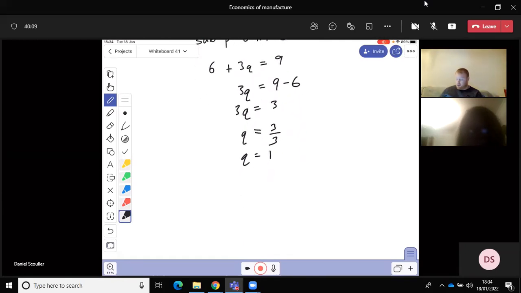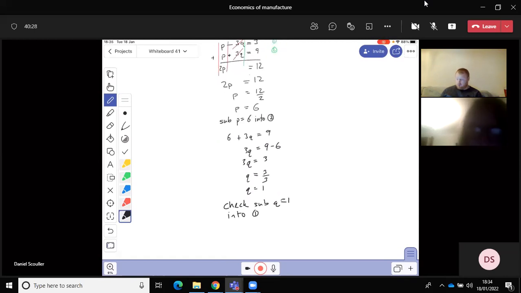We can double check that by substituting q equals 1 into equation 1.